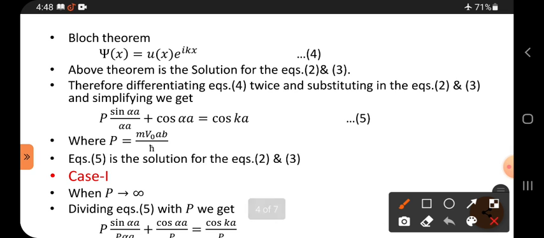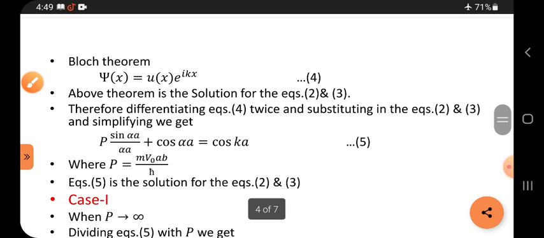Differentiating equation 4 twice and substituting in equations 2 and 3 and simplifying, we get the result. I am neglecting the middle steps because they are not needed in the examination. It is already a lengthy derivation, and adding more makes it difficult to understand and keep in mind.